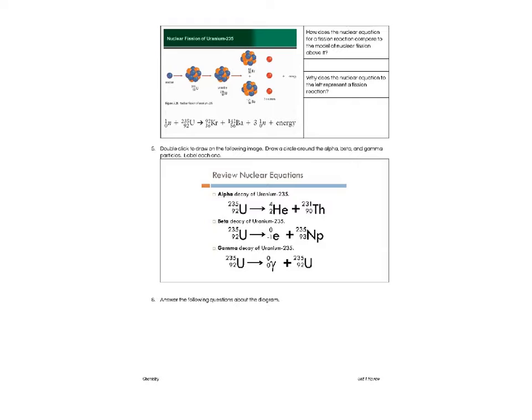Beta decay is interesting. If you notice, there's no mass change in beta decay for the mass number, 235 and 235. But there is an increase in the atomic number. The atomic number goes from 92 to 93. For a beta decay, it's giving off an electron, but that electron has a unique source.